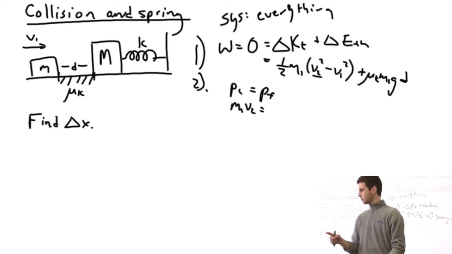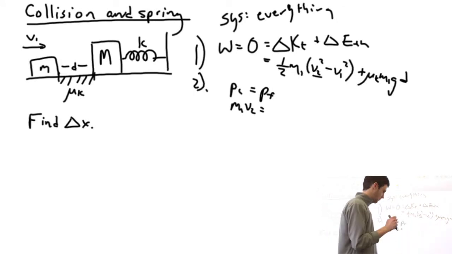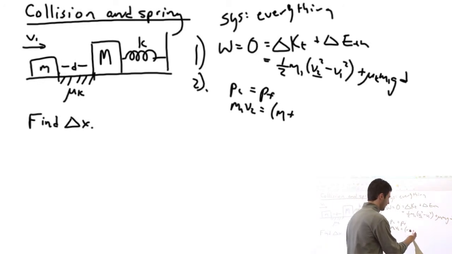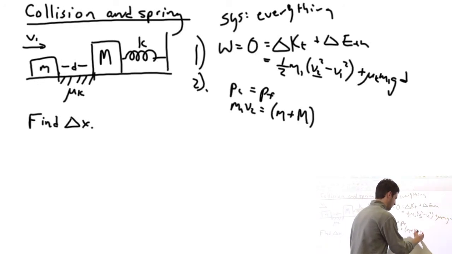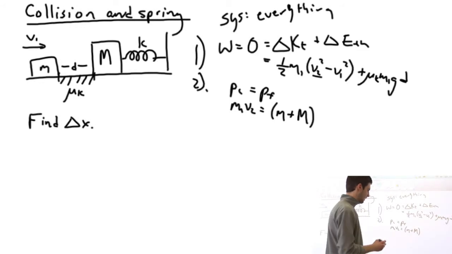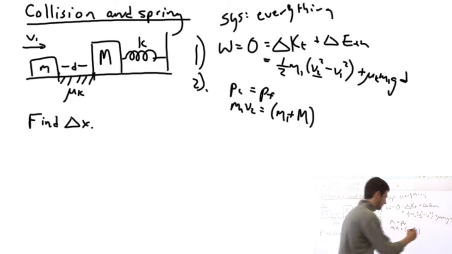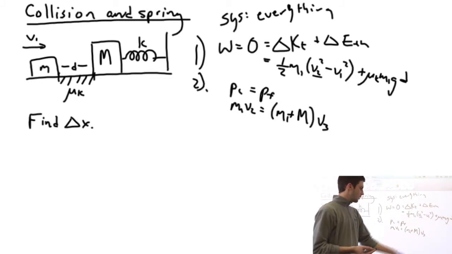Keep in mind, this is the speed at the beginning of the collision. P final is the two moving together, m1 plus big M, moving at a speed I'll call v3. So now we can solve for v3, also in terms of stuff that we know.